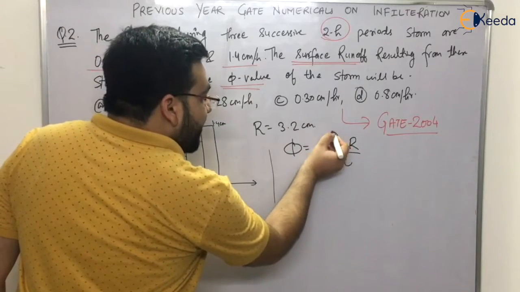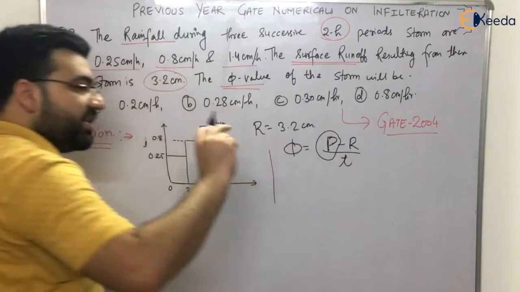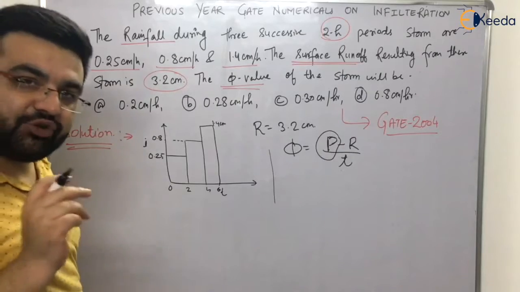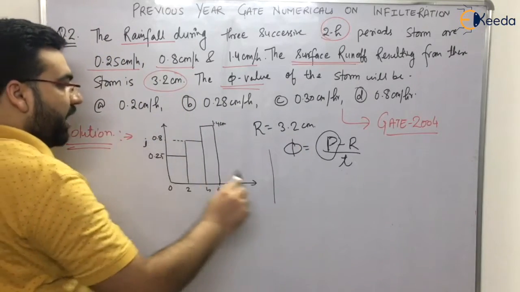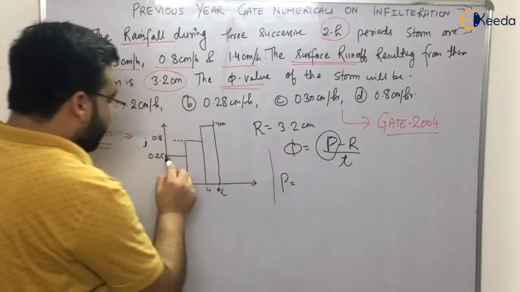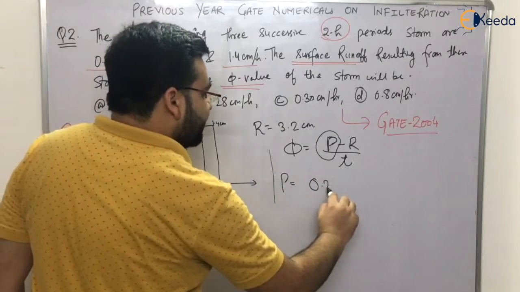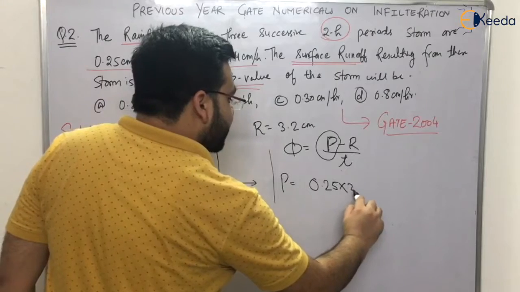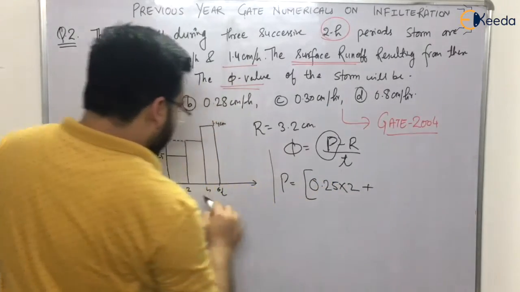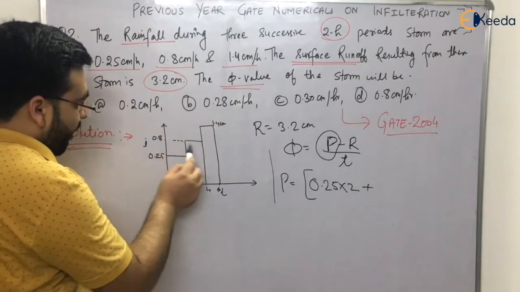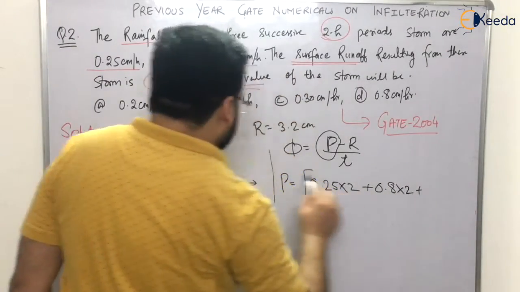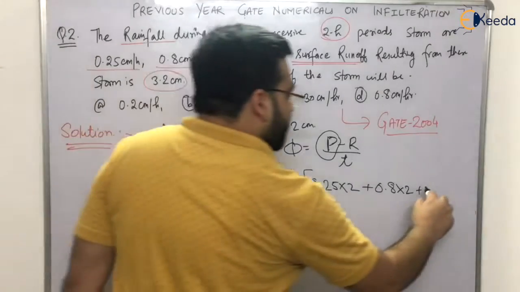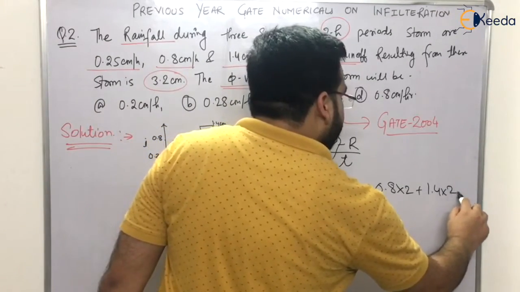First of all, let us get the value of P. How much is the depth of the precipitation actually, right? So we know that it is a 2-hour storm. So for first 2 hours, P will be 0.25 centimeter per hour into 2 hours total depth, plus for next 2 hours it will be 0.8 into 2, and for the next 2 hours it will be 1.4 into 2.